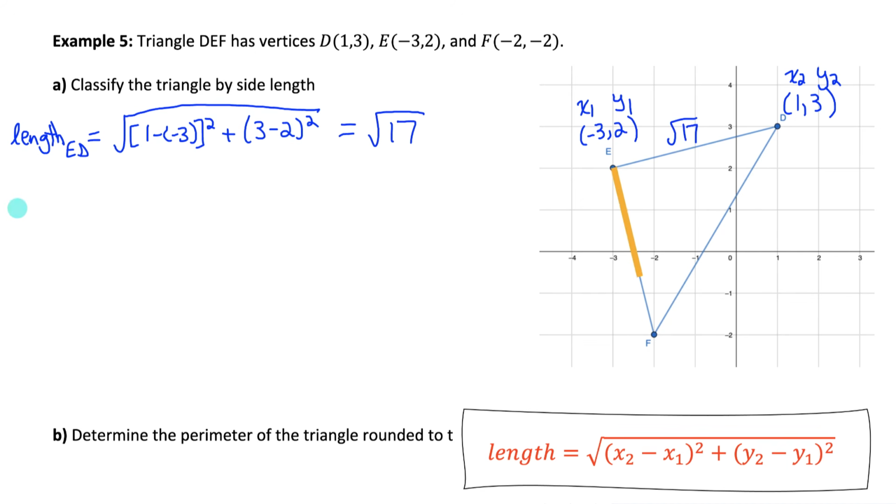Let's do EF. So I'll label point F negative 2, negative 2. Since I already have E as my first point, x1, y1, I'll just leave those labels and make F my second point, my x2, y2.